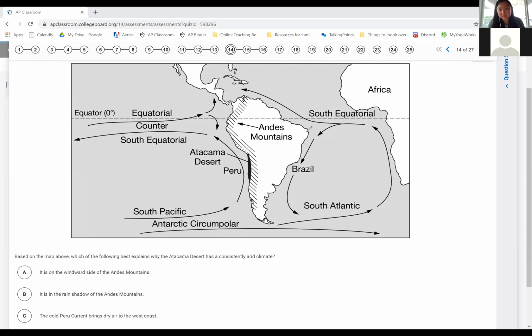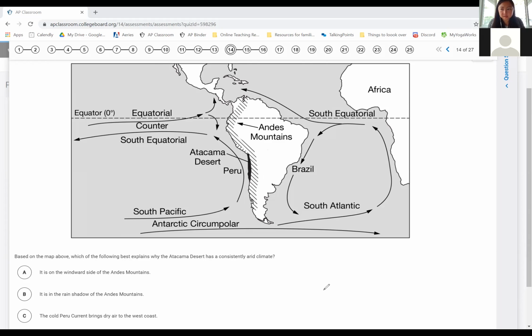So the height of the mountains kind of overrides the fact that Peru's near water. I think so. I think there's probably more nuance to that. But right now, this mountain range, the Andes, is massive, and so it's going to create these huge rain shadows on the other side.